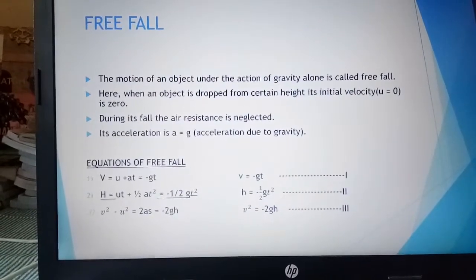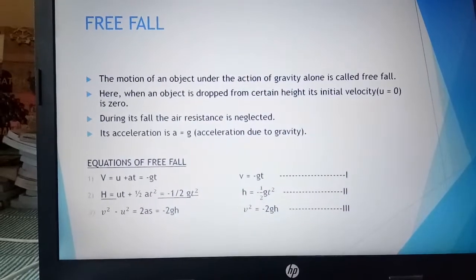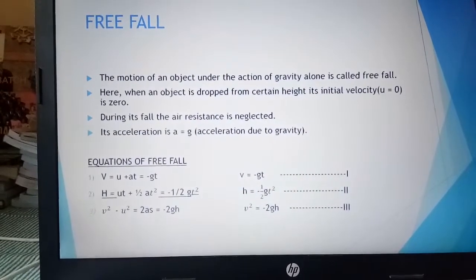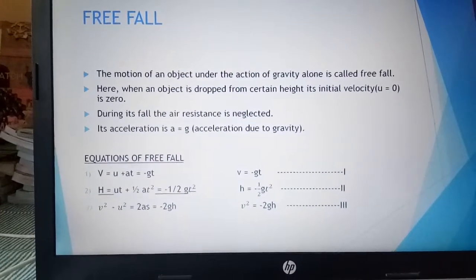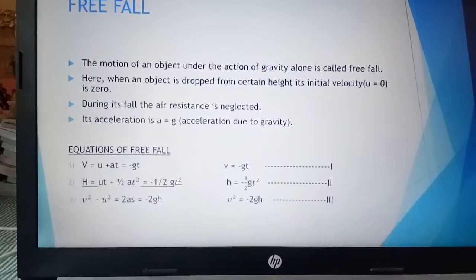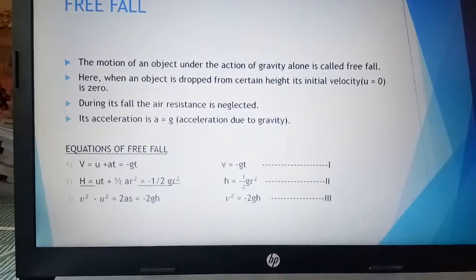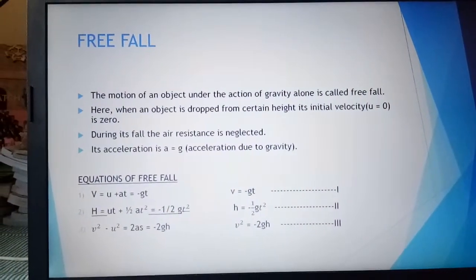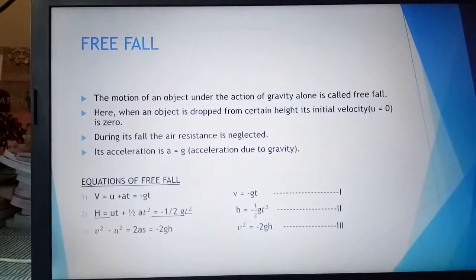Now the next concept is free fall. Whenever an object is dropped from a certain height, it falls under the action of gravity. So free fall is the motion of an object under the action of gravity alone.